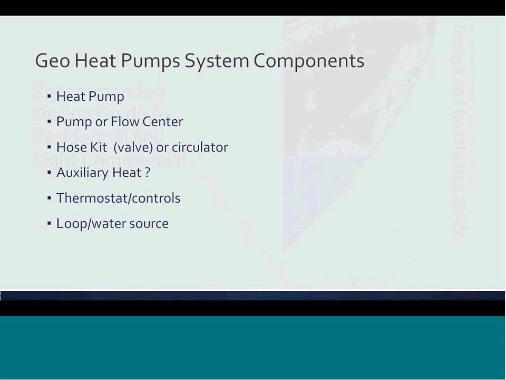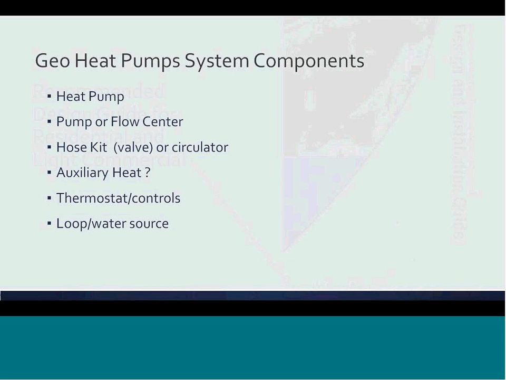Moving on, once the ground loop is installed, we can move inside to the building. For the Geo heat pump system, all the items listed above need to be installed and properly integrated. We have the Geo heat pump, we have a pump flow center, we have a hose kit or piping. Sometimes we need to have valves included in those hose kits.